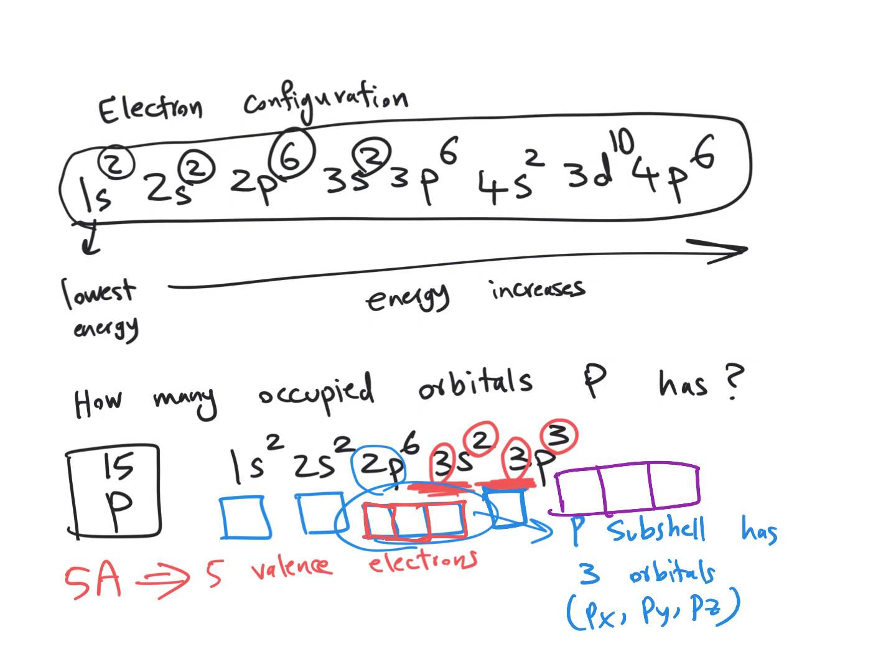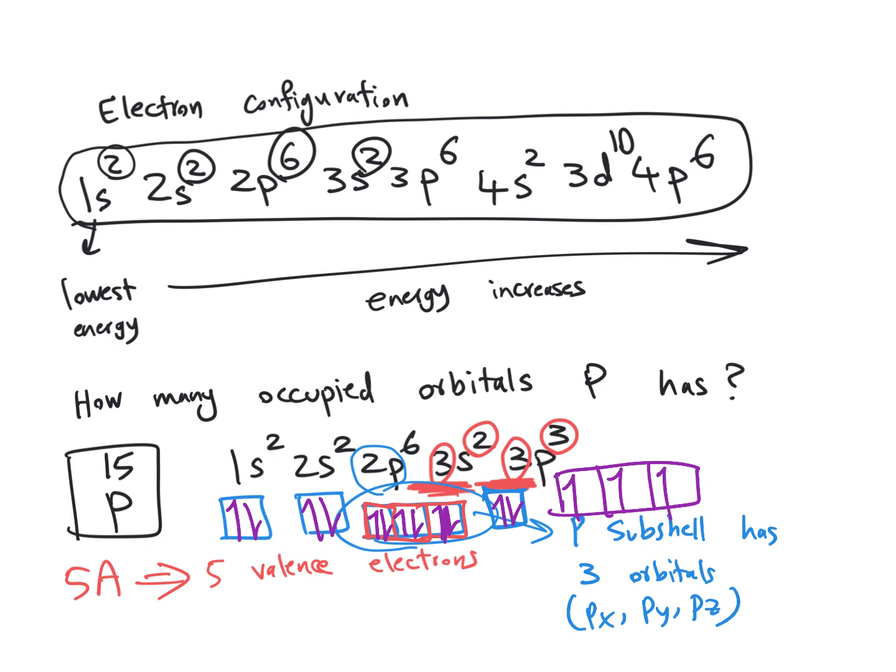So now let's fill this out. Remember that each orbital can have a maximum of 2 electrons with opposing spin, the Pauli exclusion principle. And Hund's rule: when you want to fill orbitals with similar energy, you fill them singly first, then pair them up, right? And now you count.